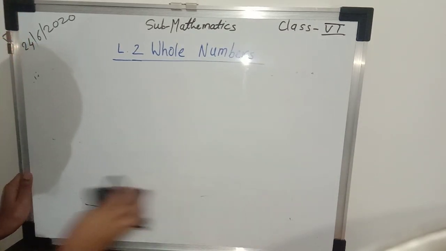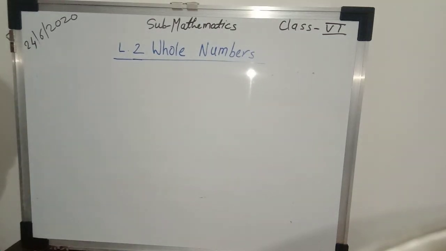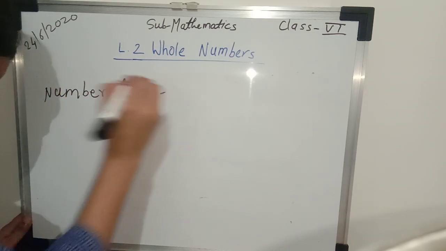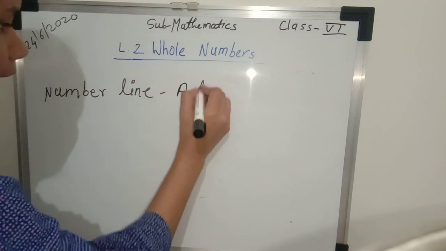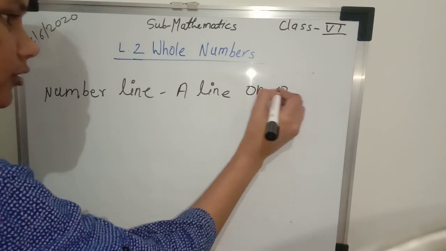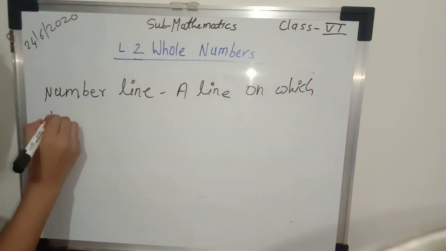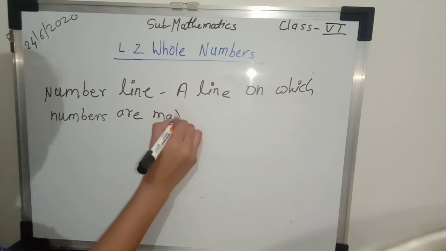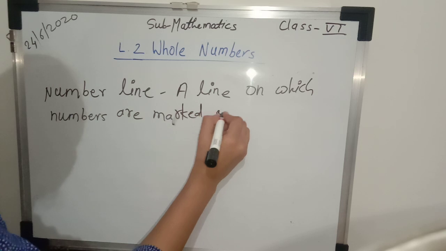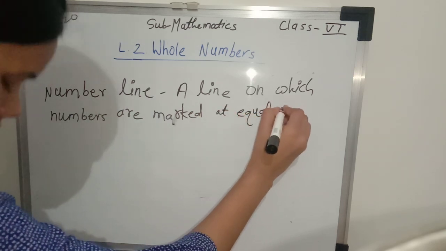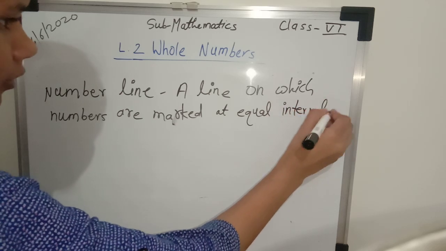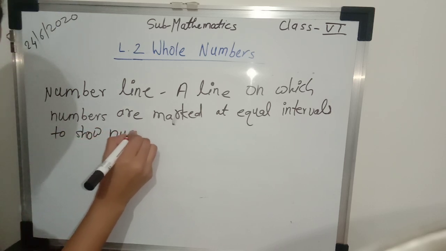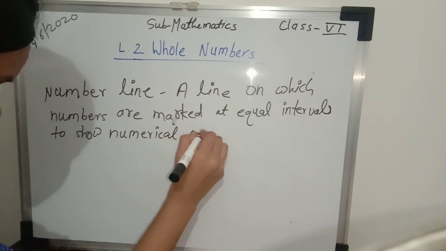Now first of all we should know what is number line. Number line is a line on which numbers are marked at equal intervals to show numerical operations.